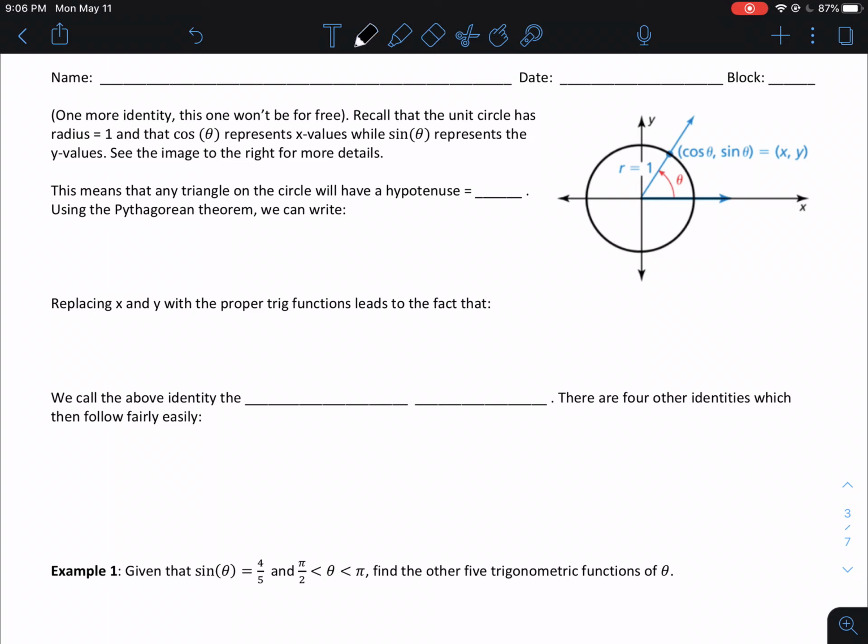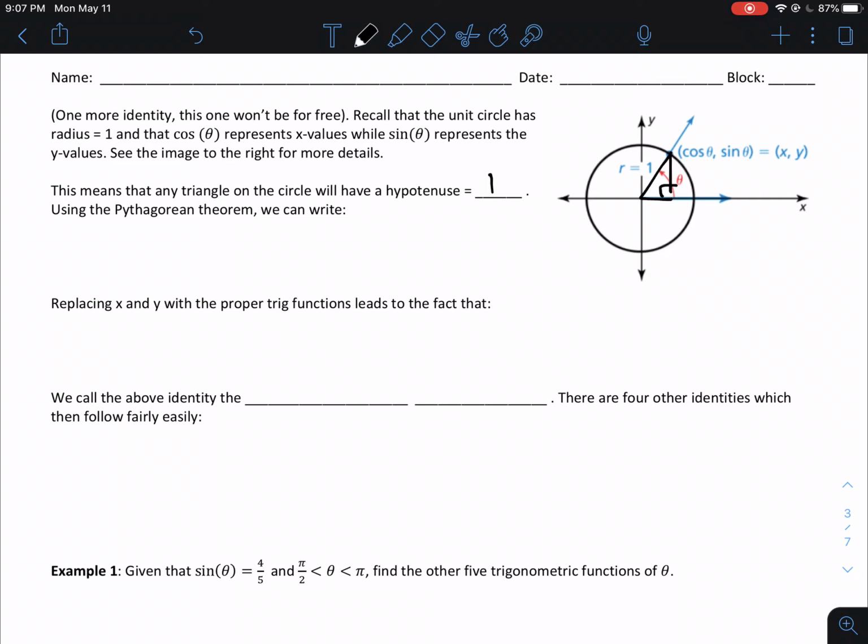So if you think about creating a triangle, and I think we did this when we did our unit circle. If I were to, from that point on the unit circle, draw a vertical line down to the x-axis to make a right angle, you'll notice that I end up with this triangle here, which I've got outlined for you. Notice that that triangle has a hypotenuse of 1. And no matter where you draw that triangle, because it's always going to be a distance of 1 on the unit circle, the hypotenuse is always going to be 1.